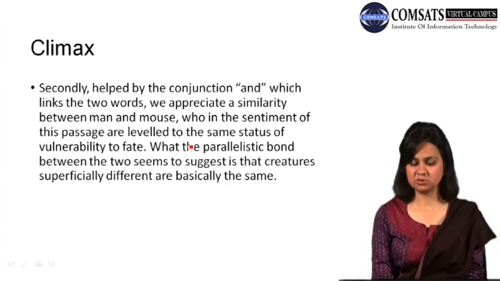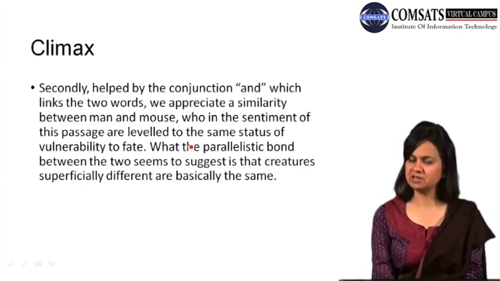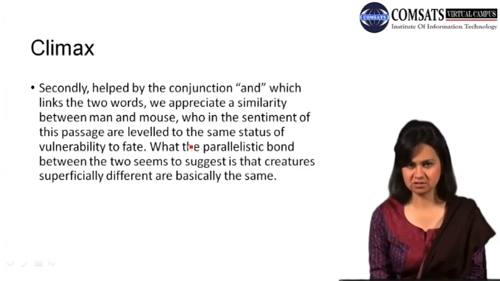Man, who is supreme, is as insignificant when it comes to his actions, that he is equal to a mouse. The sentiment of the passage is that the same status of vulnerability to fate is what he is prone to. So what the parallelistic bond between the two seems to suggest is that creatures superficially or apparently different are basically the same when it comes to handling fate.